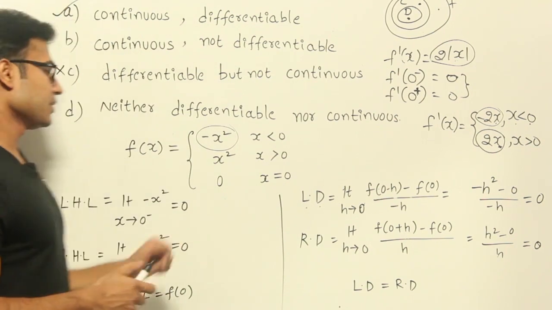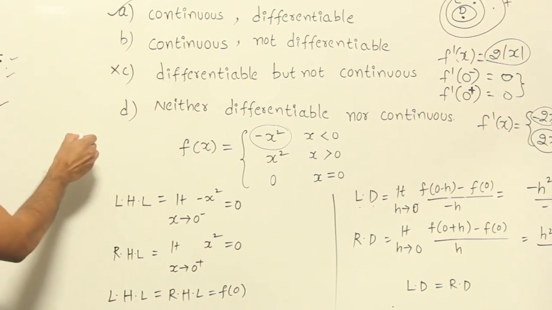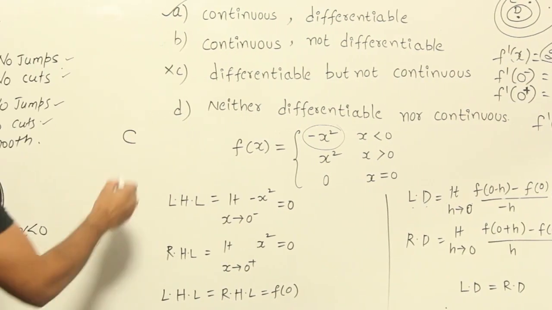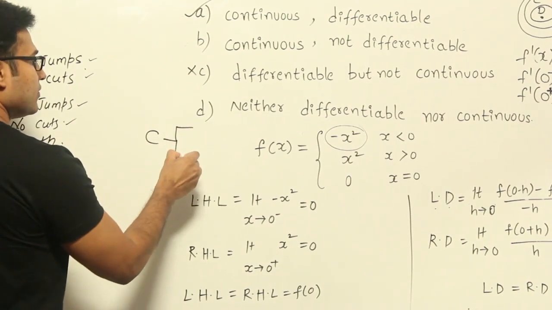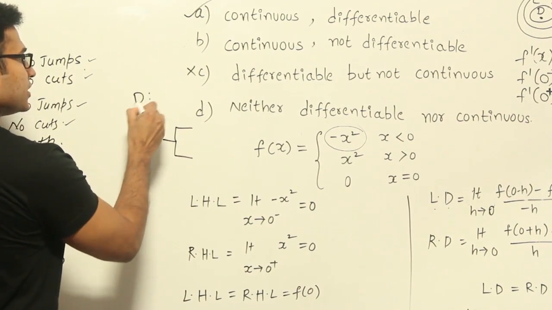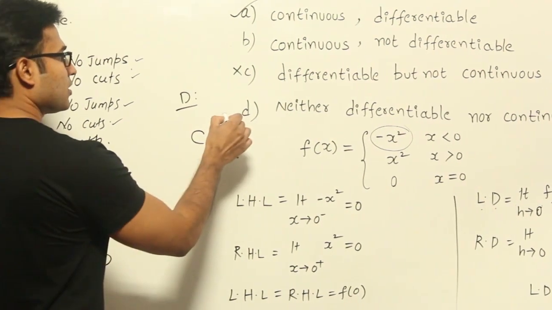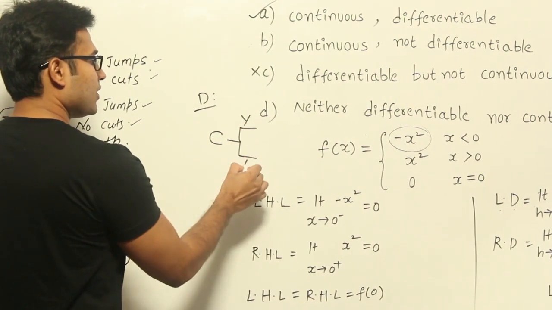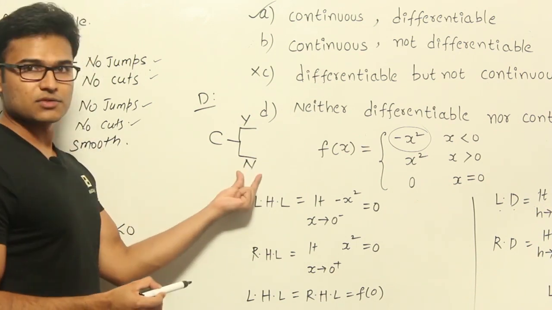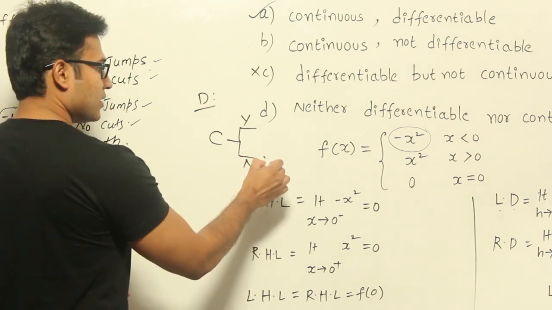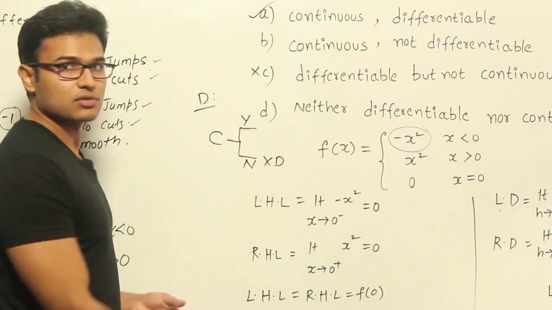So the simple method is to find out whether the function is continuous or not. Even though the question is asked about differentiability, you can do it this way. Find out whether the function is continuous or not. In case it is not continuous, then you can say that it is not differentiable also.